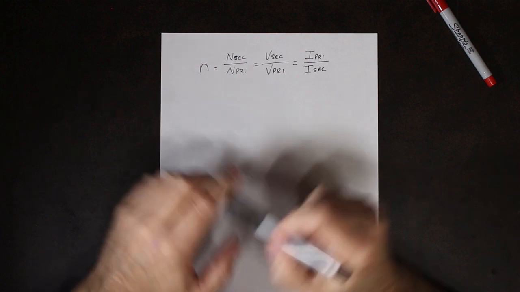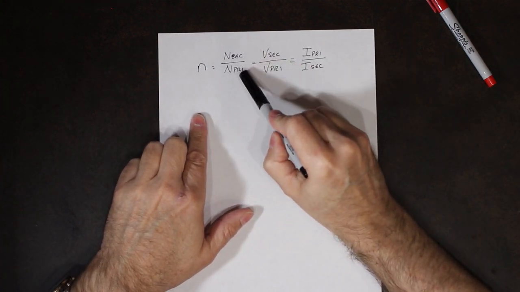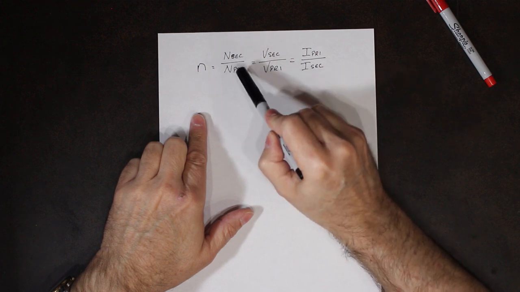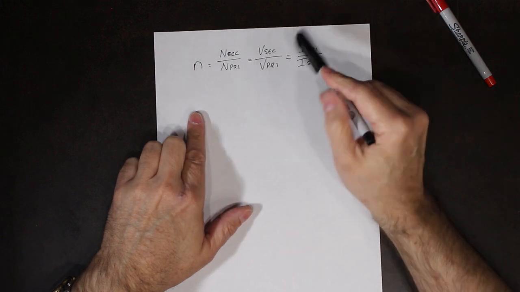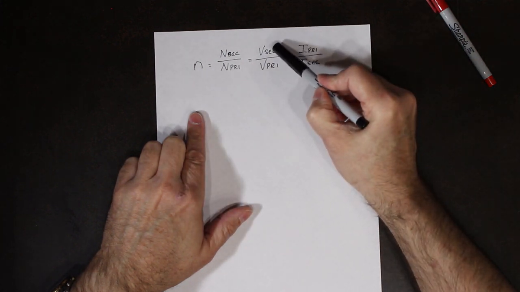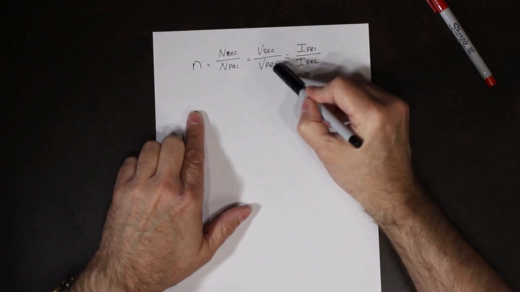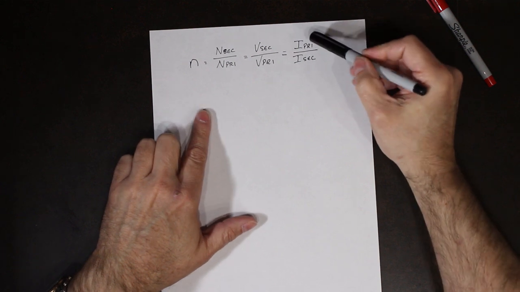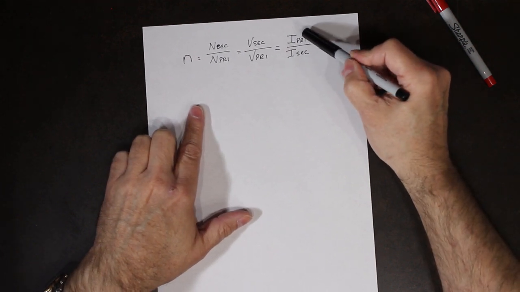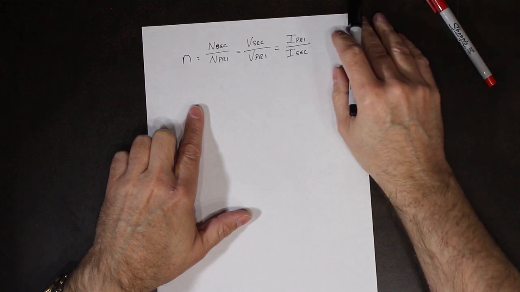The turns ratio is the relationship between the turns of the secondary over the primary, which translates to voltage of secondary over voltage of primary, which I also claim is equal to the current of the primary divided by the current of the secondary.